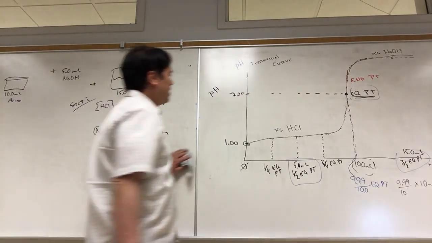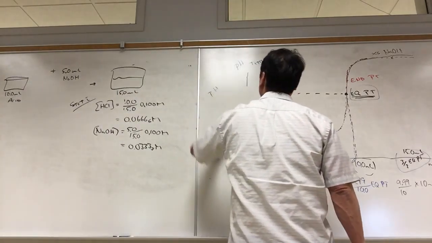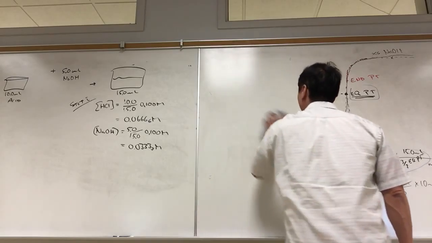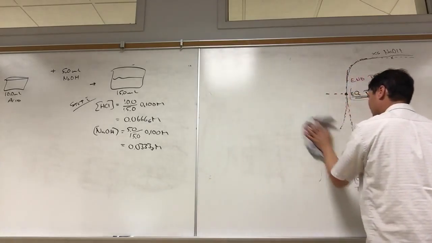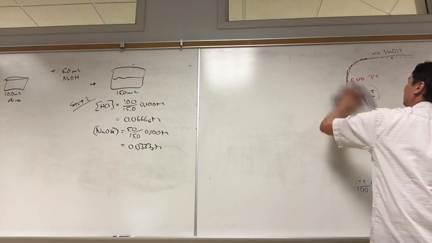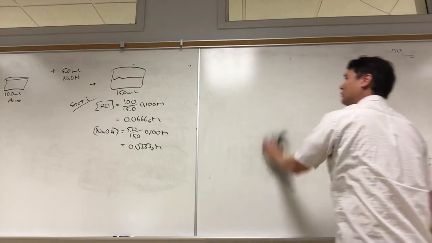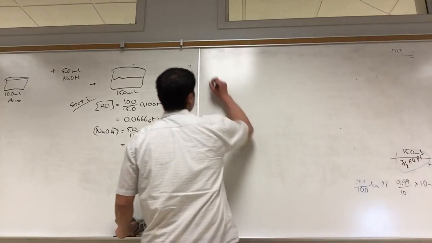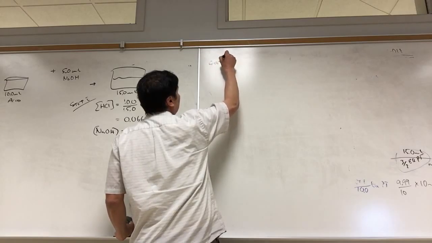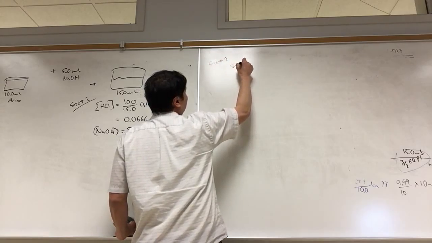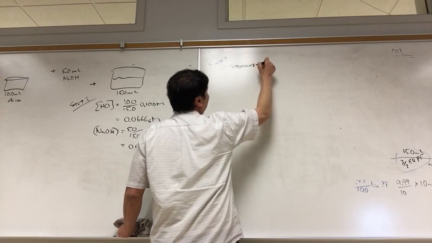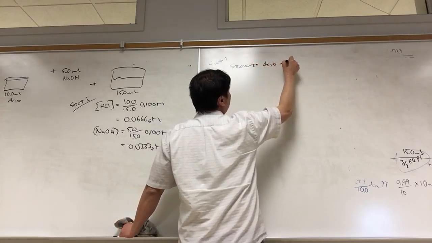All right, after we do our step I, the next thing we do is step 1. Step 1 is always the same, whether it's chapter 16 or chapter 17. It's the strongest acid plus the strongest base.